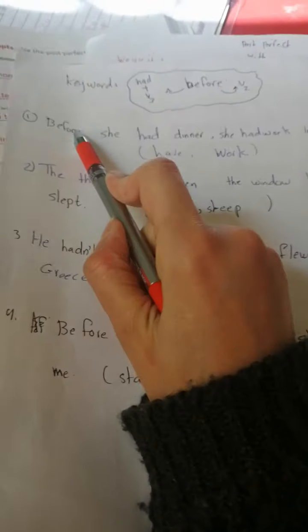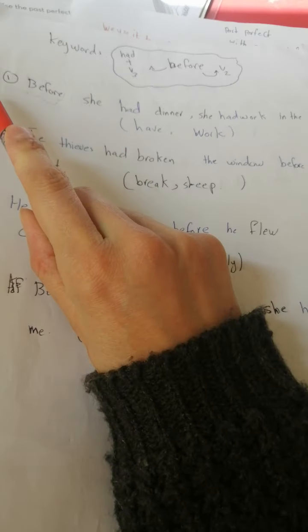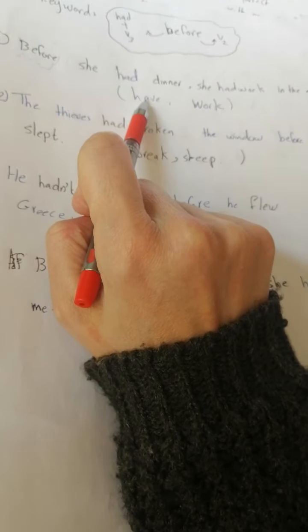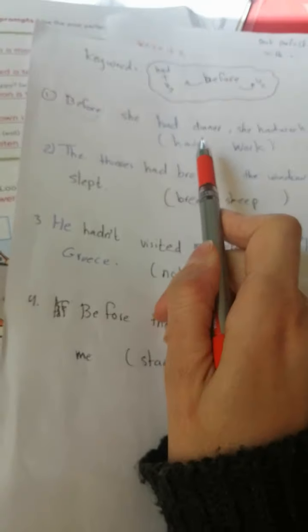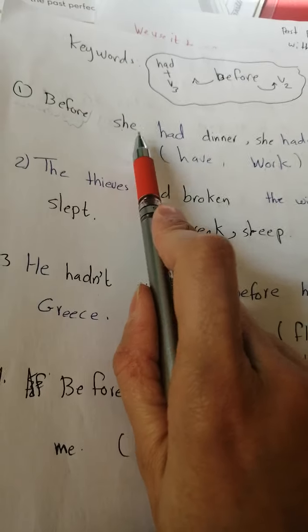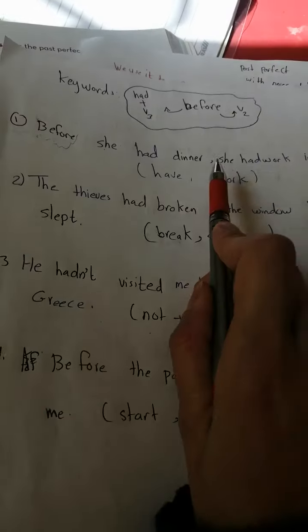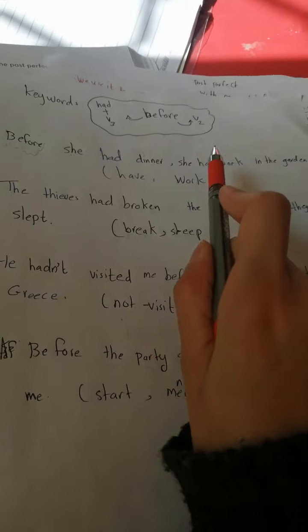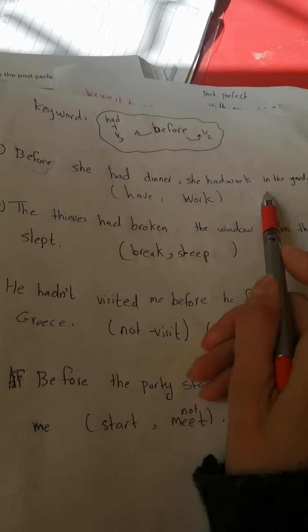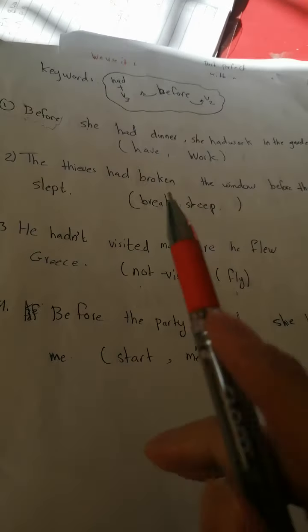The second part will have had with verb 3. So I want to transfer this verb to verb 2, simple past. The verb have: she had a dinner. Before she had a dinner, she had worked in the garden.